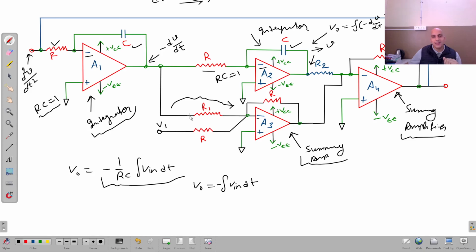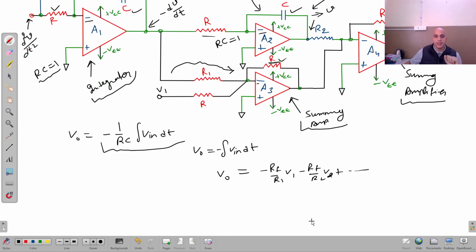One is this one and second is this one. We know very well that the output of a summing amplifier is equal to minus RF upon R1 v1, minus RF upon R2 v2, plus so on. So RF means this R. Here RF is taken as R, the feedback resistor. So we have two inputs, so two terms will be there in the output.